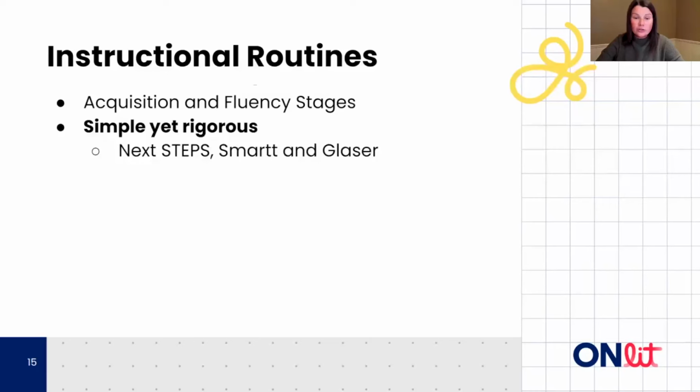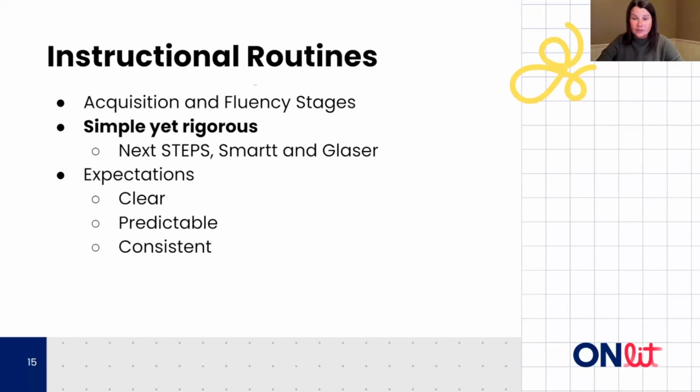We need to make sure our expectations are clear, predictable, and consistent. We need to create tidy and calm and welcoming environments so students are thinking about the learning and not the distractions around them. As Anita Archer says, we need to teach with a perky pace, small sequential steps at a perky pace where all students keep moving forward.